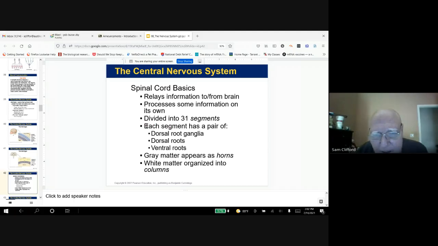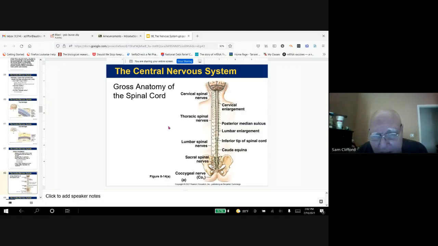So that's the spinal cord. We look at it again. We have a long spinal cord, and we have nerves entering and nerves going away. So some nerves bring information back to the central nervous system. Other nerves bring information, once it's been processed, away from the central nervous system.